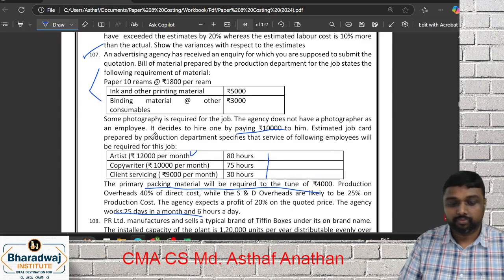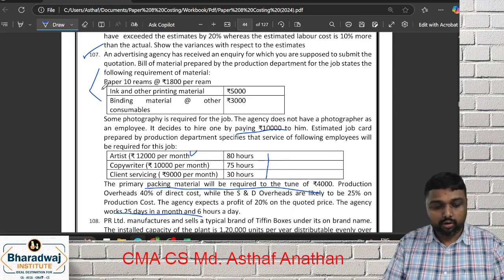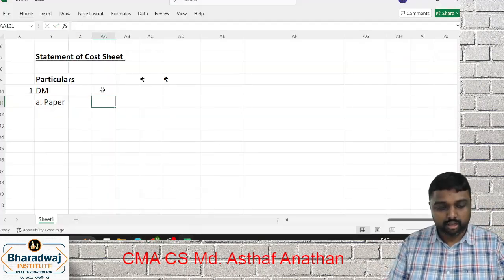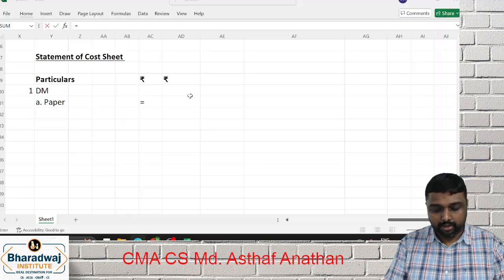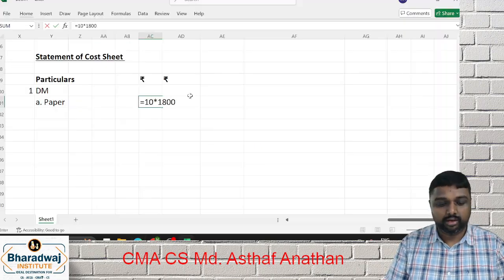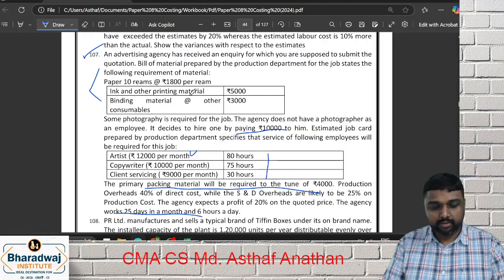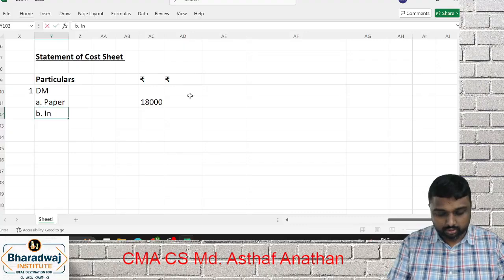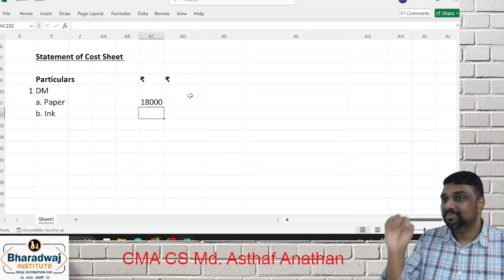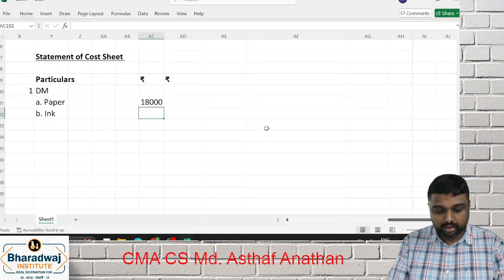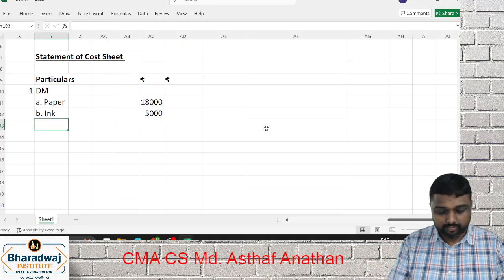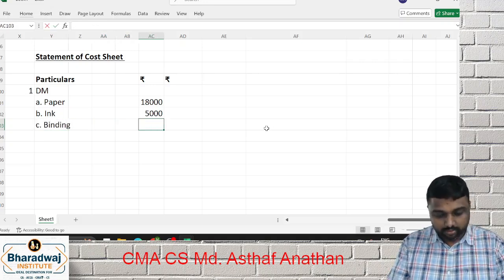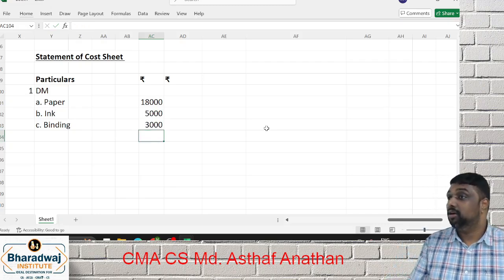Here we have paper. I will do a shortcut so that we can save a lot of time. Paper, 10 into 1800. What is the next item? Ink, 5,000. What is the next item? Binding material, what is the amount? 3,000.